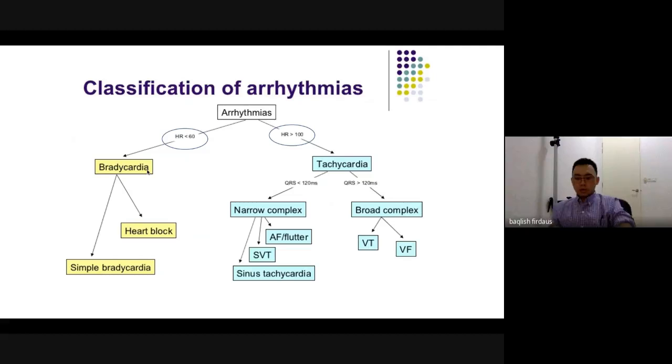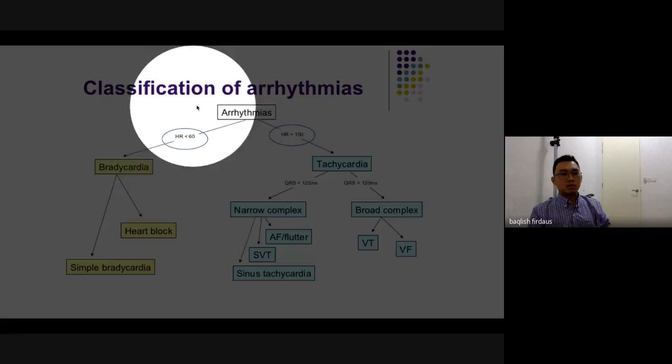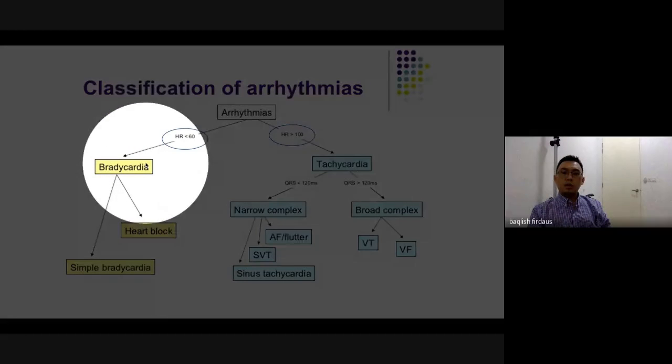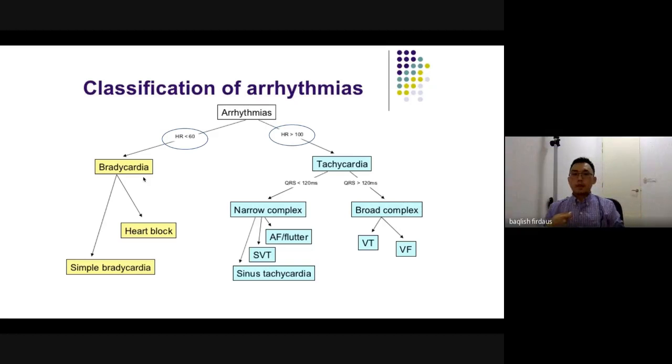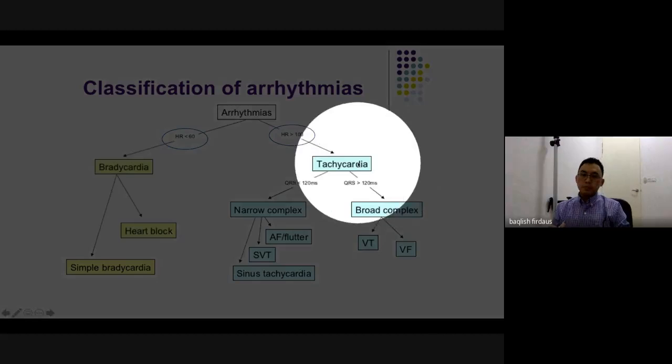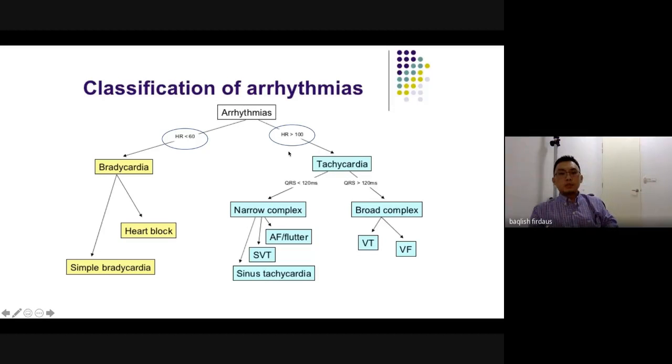So I'll come to the next topic, how to classify arrhythmia. Arrhythmia is very easy, whether it's fast or slow. If slow, meaning the heart rate is less than 60, we define it as bradycardia. If the heart rate is more than 100, we classify it as tachycardia. In tachycardia, there is another division, narrow complex or broad complex tachycardia.